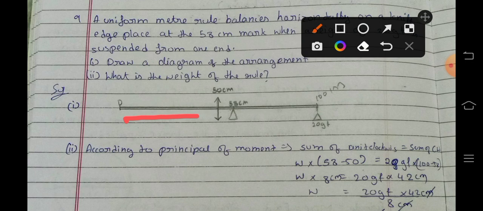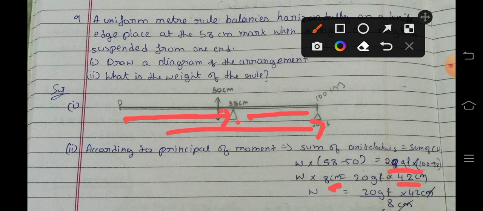For that, 58 is where the knife edge is placed, and up to 50 centimeter is the midpoint, so that is 58 minus 50, we will get 8 centimeter. That is the length for the weight we have to find out. And on this side, the distance from here to here is 100 centimeter minus 58 centimeter, and then only we will get the exact distance. That is 20 gf into 42 centimeter.